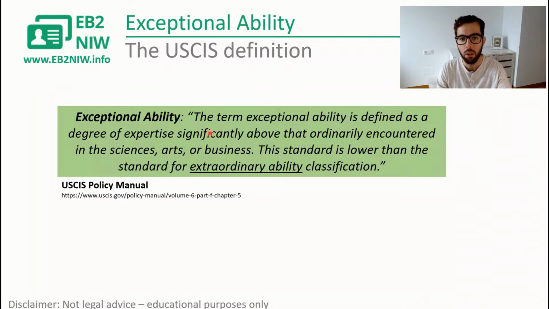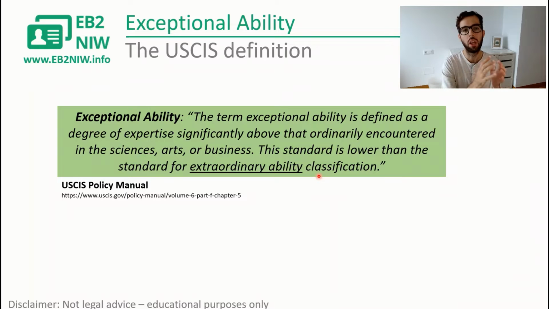So from this manual I took this quote: the term exceptional ability is defined as a degree of expertise significantly above that ordinarily encountered in the sciences, arts, or business. This standard is lower than the standard for extraordinary ability classification. This is an important point, this last sentence, because we have different categories of green cards.